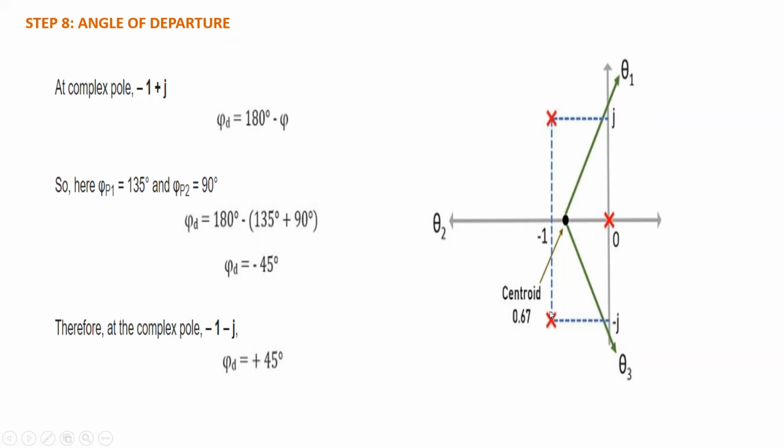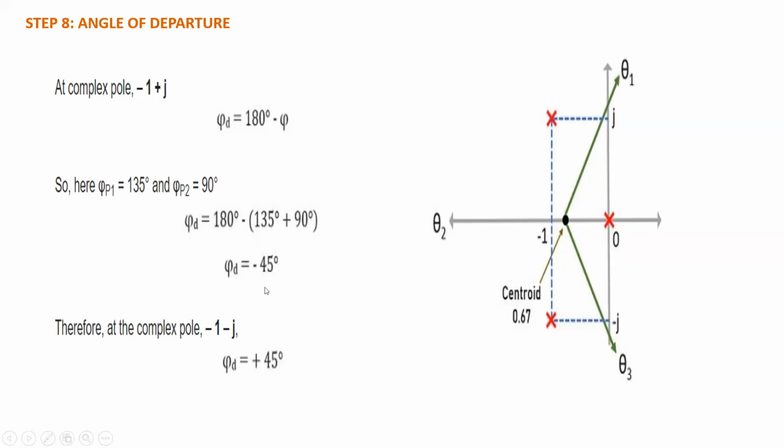If we do a similar analysis for the pole at -1 and -j, we have 180 plus 45, giving us 225 over here. And if we take the angle with respect to this pole, we have 90 degrees.